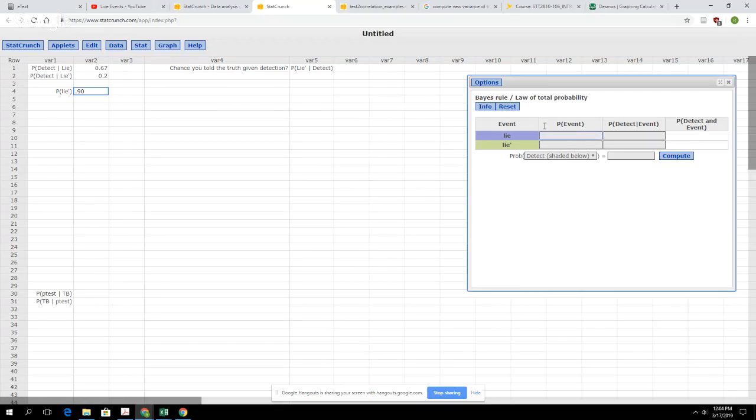So the probability that you're going to lie on a job application is 10%. The probability that you do not is 90%. The probability that you are detected, given that you lied, right? Detect given event is lie because we're in the first row, is 0.67. And the chance that you will be detected even though you didn't lie is 20%.